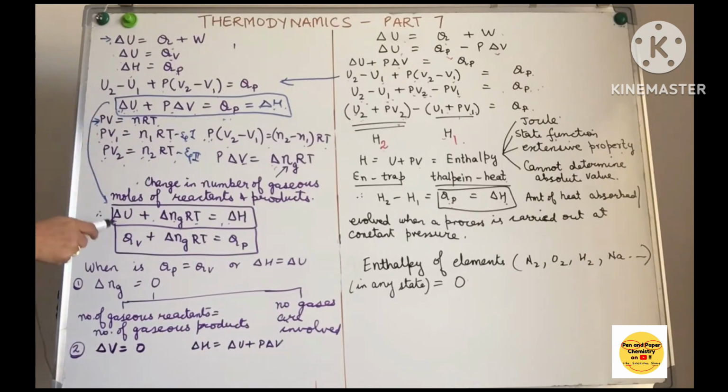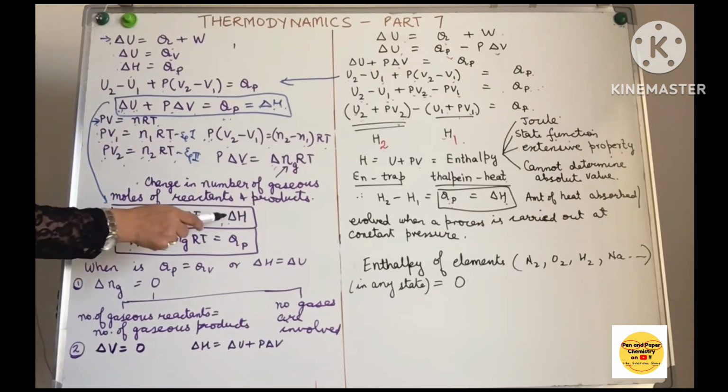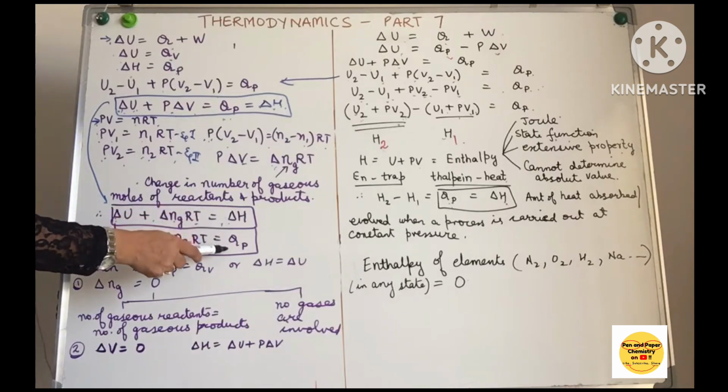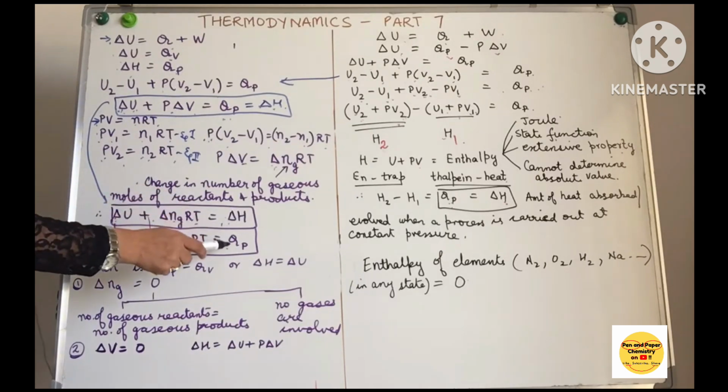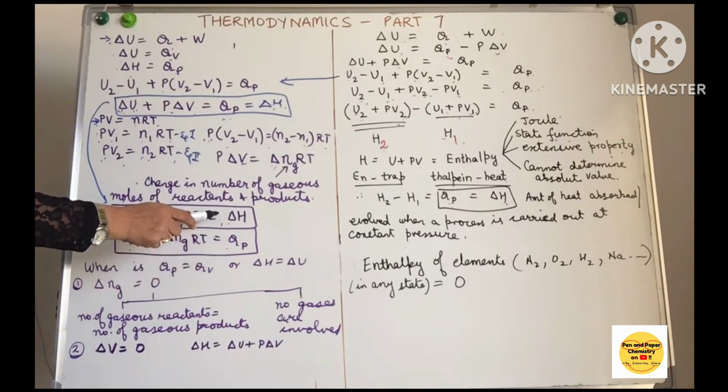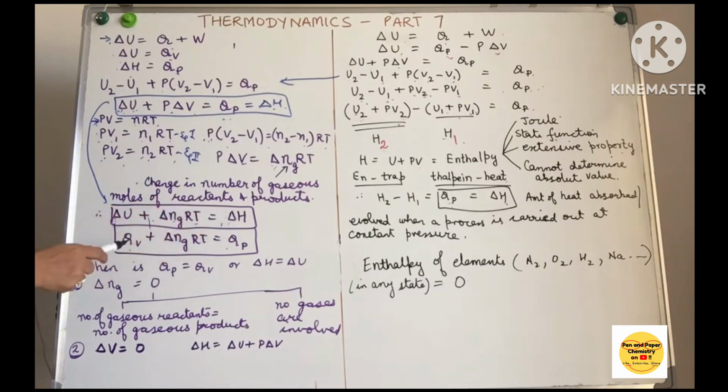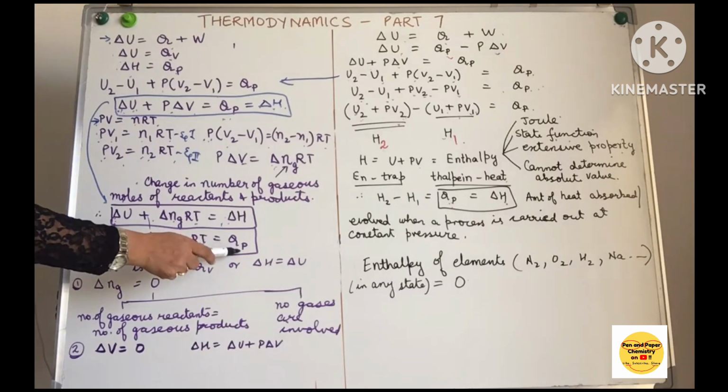In part 6, we had proved that delta U is equal to QV and delta H is the same as QP. The amount of heat absorbed or evolved at constant volume is a measure of the change in internal energy, whereas the amount of heat absorbed or evolved at constant pressure is the change in enthalpy. Now, we can also write the equation as QV plus delta ng RT is equal to QP.